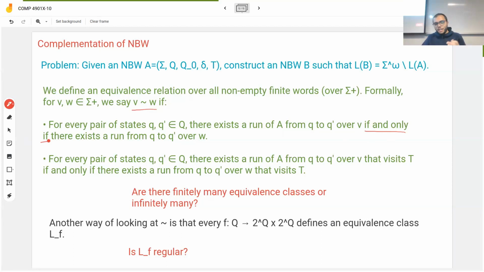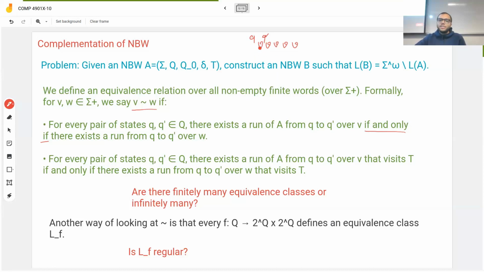Now, the second thing is also very similar, except that I want to also keep track of whether I've seen one of my accepting states on the way. Because here's the thing. It's possible my initial string was just v infinitely many times. And maybe I always started at some state q and went to some state q prime.